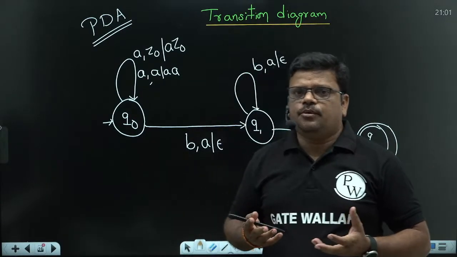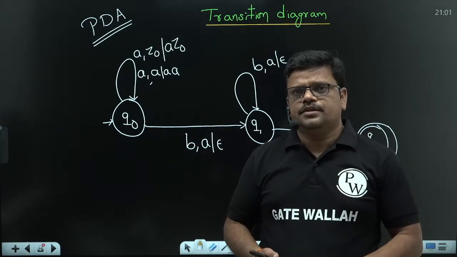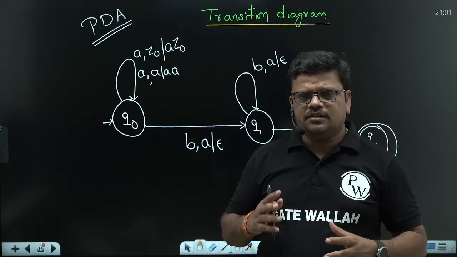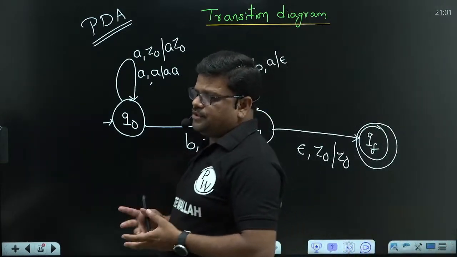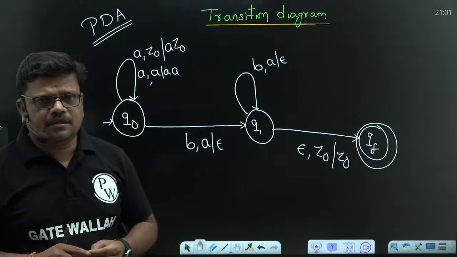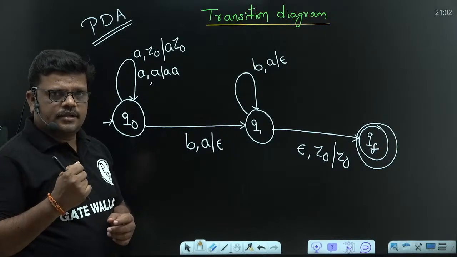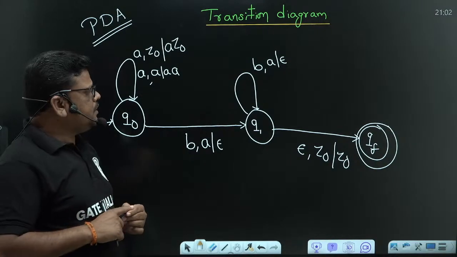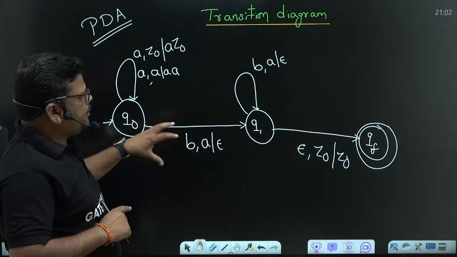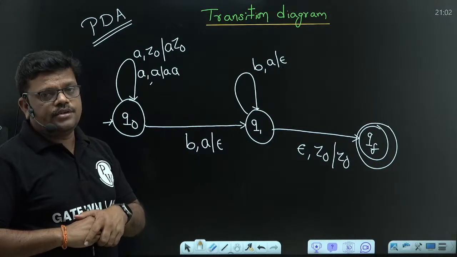So this is about construction of pushdown automata. This is a basic problem. In the coming classes, we'll construct some very logical and important pushdown automata. See, the major thing in pushdown automata is logic. Whenever you want to construct a pushdown automaton for any language, first you should know the logic of that.